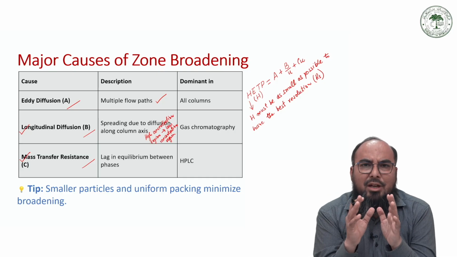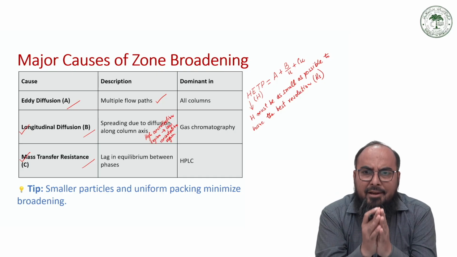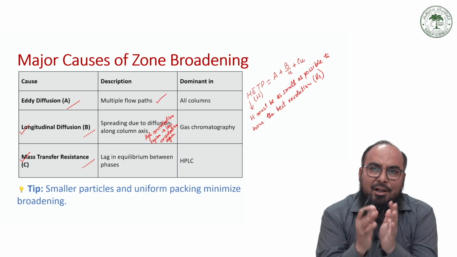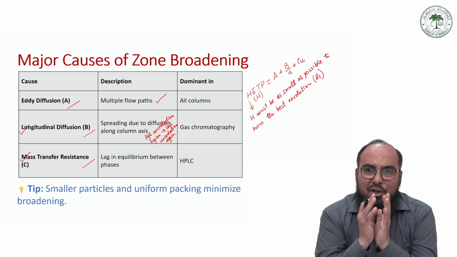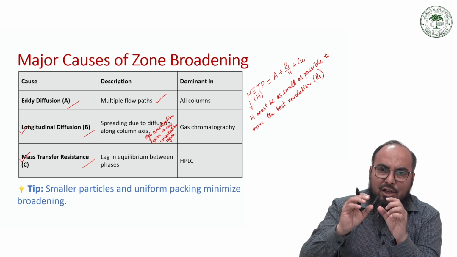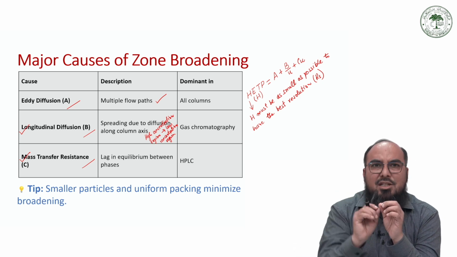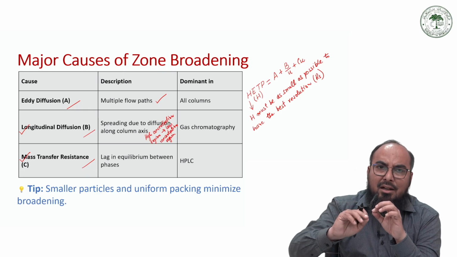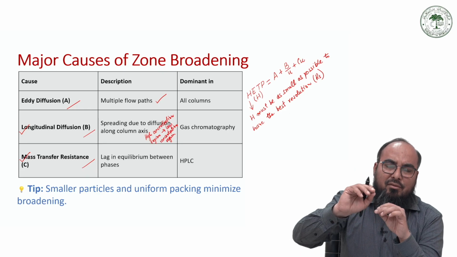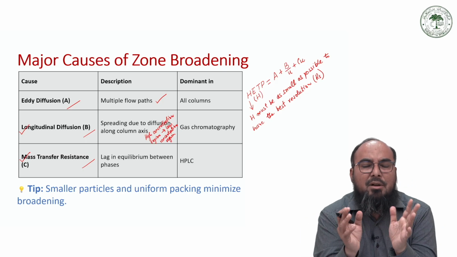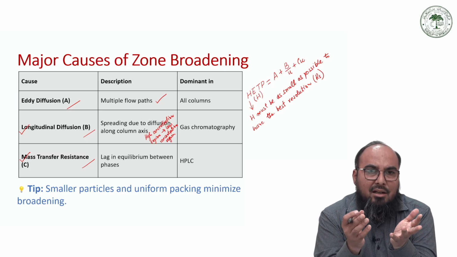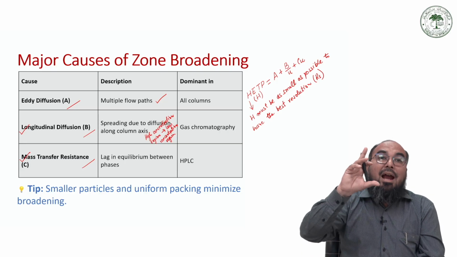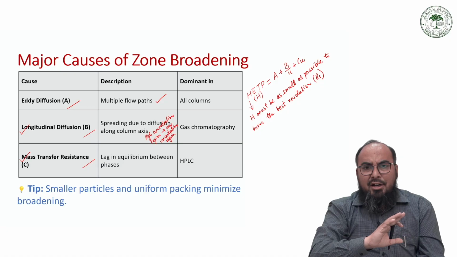What we are trying to do is have a very efficient column, and in order to have an efficient column, the height equivalent to theoretical plate should be as small as possible. It can also be said in another way: the greater the number of theoretical plates, the better will be the resolution, because n is equal to L upon H, where L is the length of the packed column. We have already discussed it.